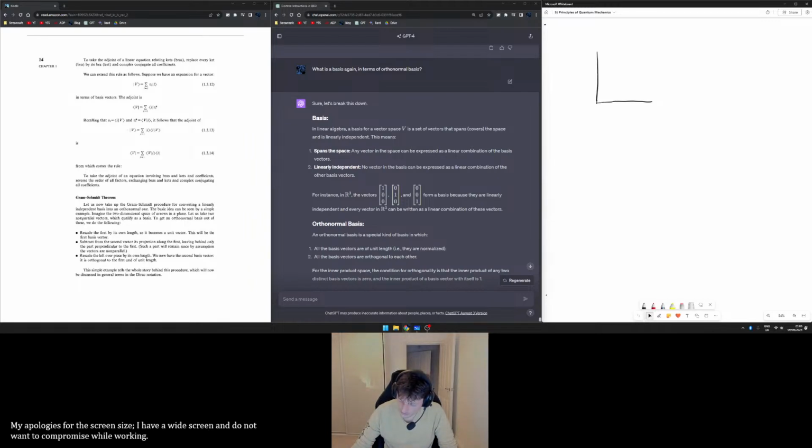So I guess we can just say something like this, where this is v2, this is v1, and the projection onto that is going to be this. So here is the projection. Rescale the first by its own length, so it becomes a unit vector. Rescale it by its own length.